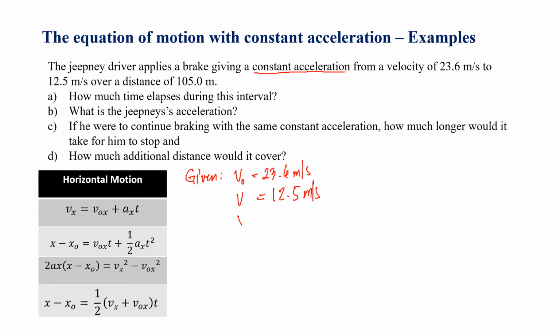So this is your x minus x naught is equal to 105 meters.